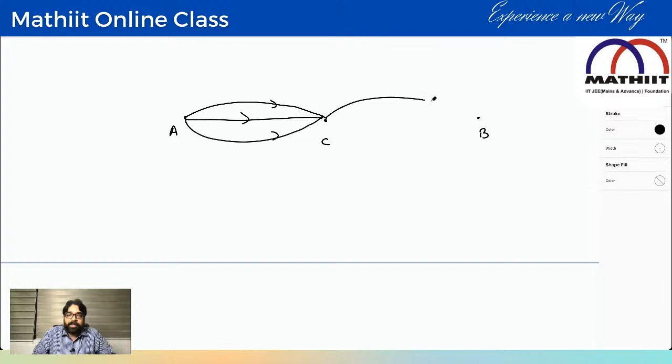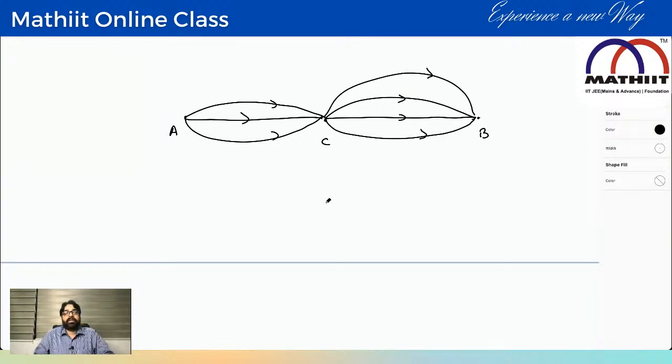And C to B he may go by 4 ways. In how many ways can a person go from A to B via C?